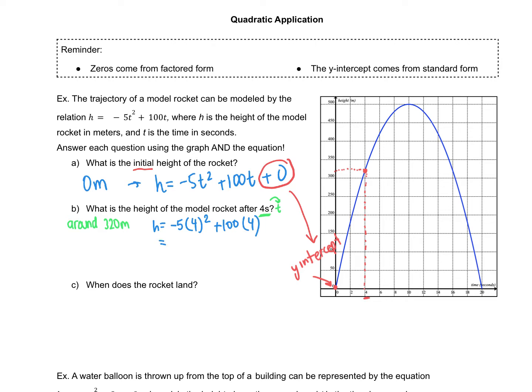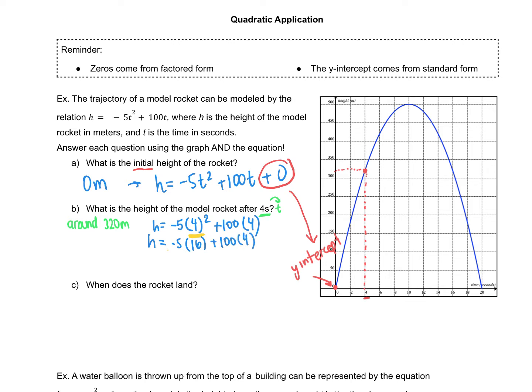And thinking about BEDMAS here, we are going to do our exponent portion first, just like we always did in table of values. So 4 squared is 16, and the rest I will leave as is.